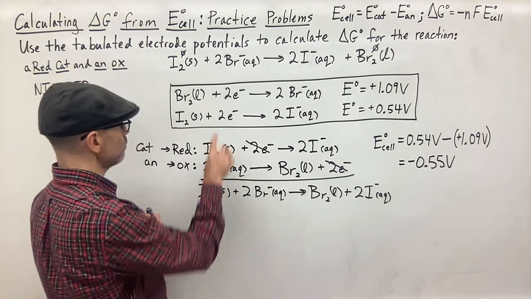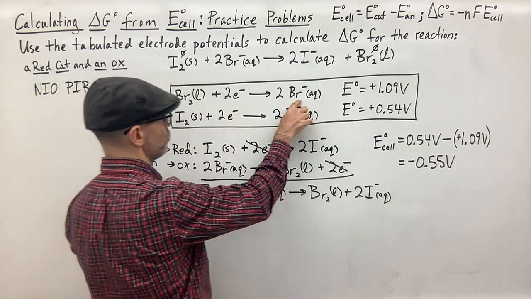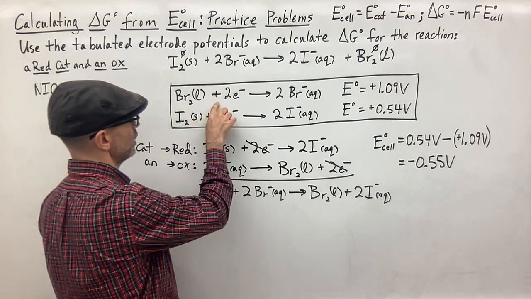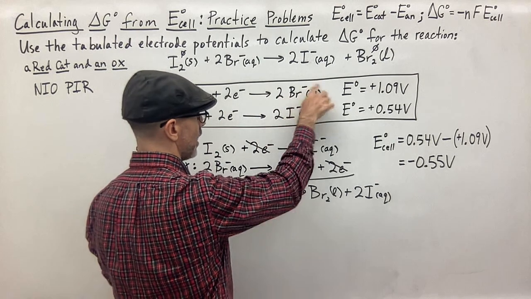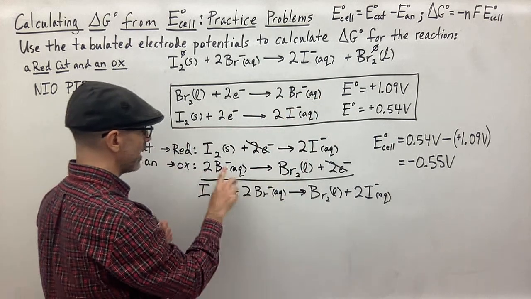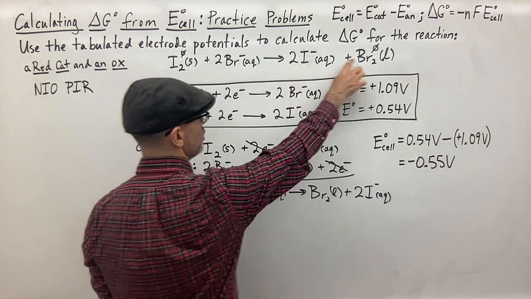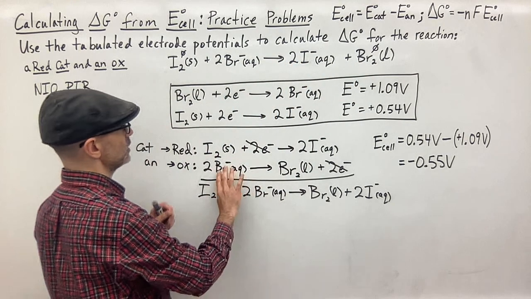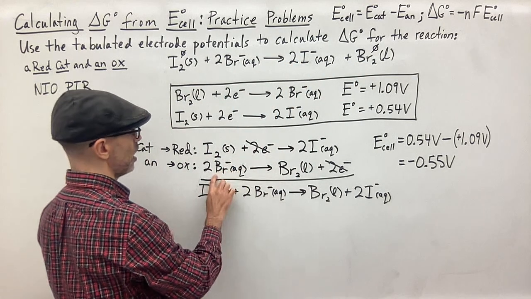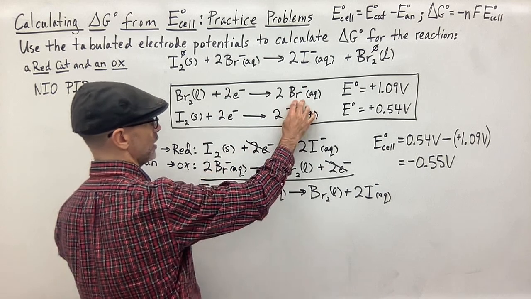Notice that bromine here is written with bromine liquid plus 2 electrons giving 2 bromide ions aqueous. But the way I have it written for the equation I am interested in, it is flipped, right? So the 2Br minus are on the reactant side, not on the product side.